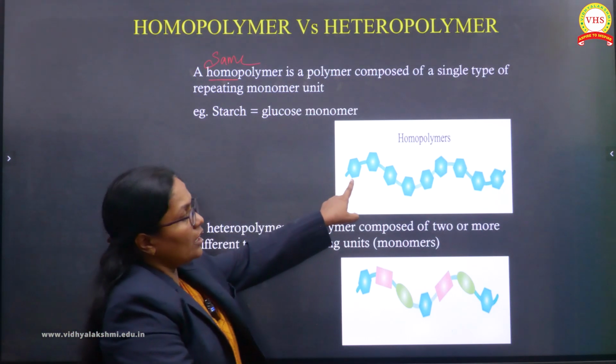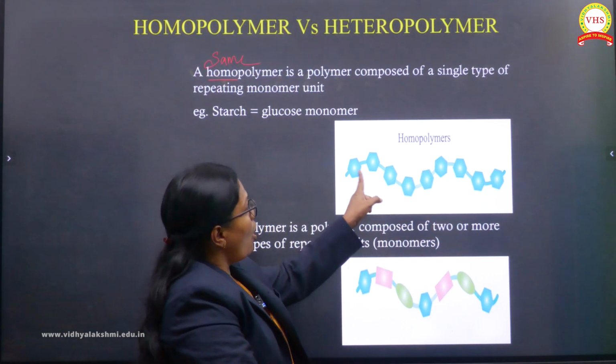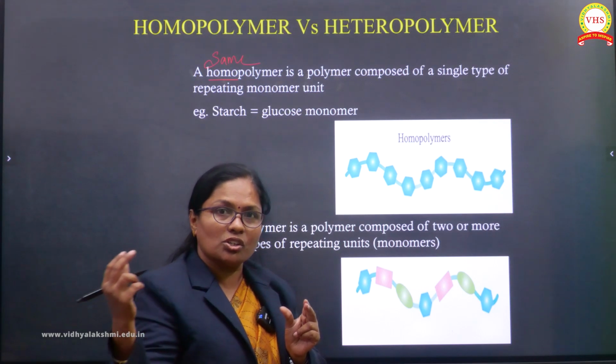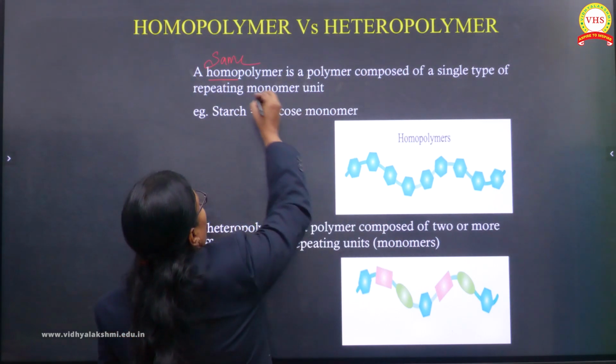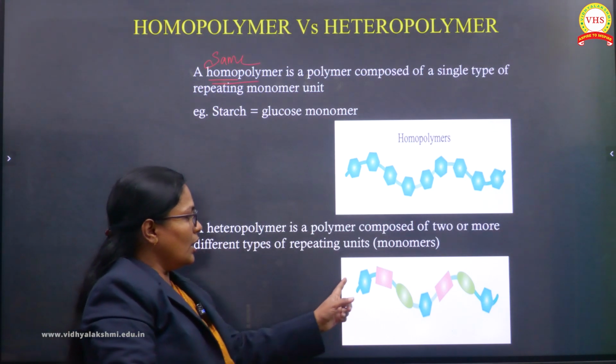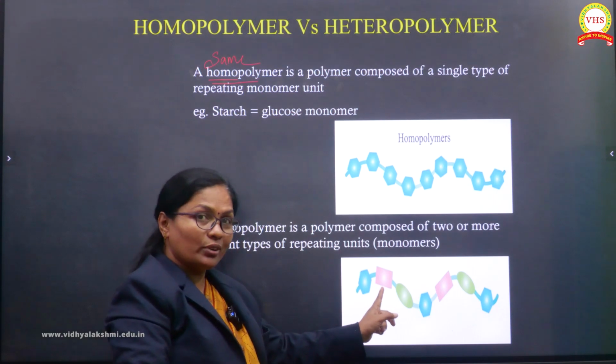Okay, every single unit you just check for, it's all the same. When the same type of monomers are joined or chained, you call it as homopolymer.